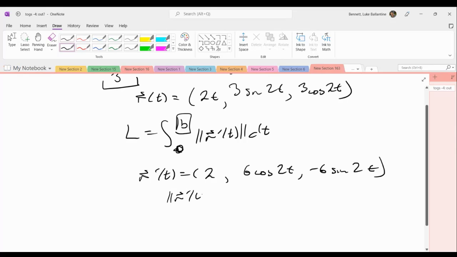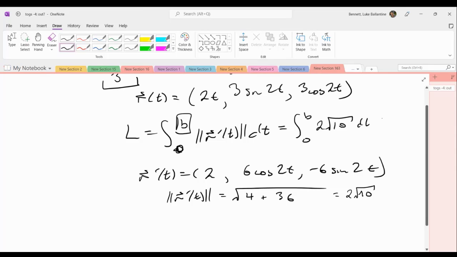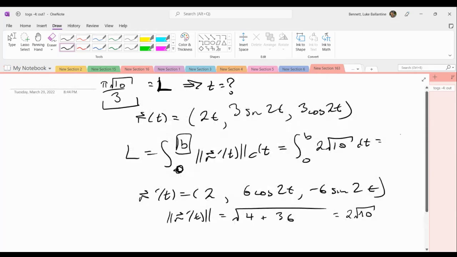The magnitude of r prime is the square root of 4 plus 36, square root of 40, 2 square root of 10. And then we're going from 0 to b of 2 square root 10 dt equals pi square root of 10 over 3. That's why the square root of 10 is there.